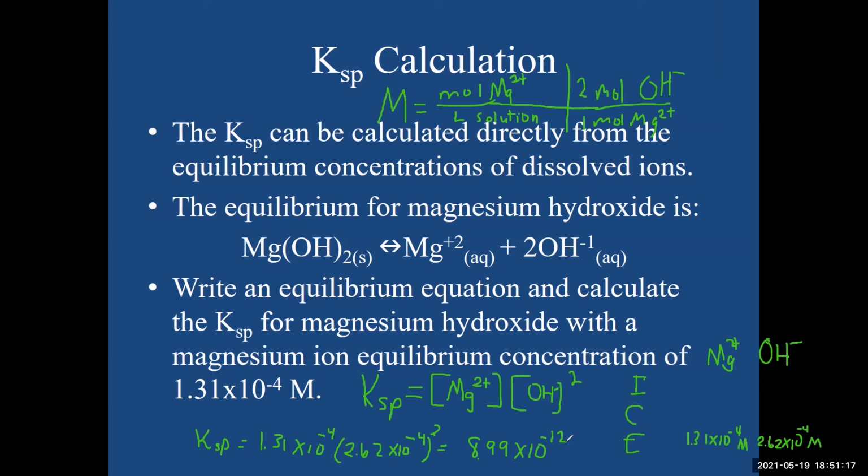Yeah, and on this one, you don't have to worry about the product over reactant thing because you focused on the products. You don't have to worry about the reactants because the reactant is a solid. Okay. So in that case, that reactant is always going to be like a concentration of 1, right? You're not going to have anything else.